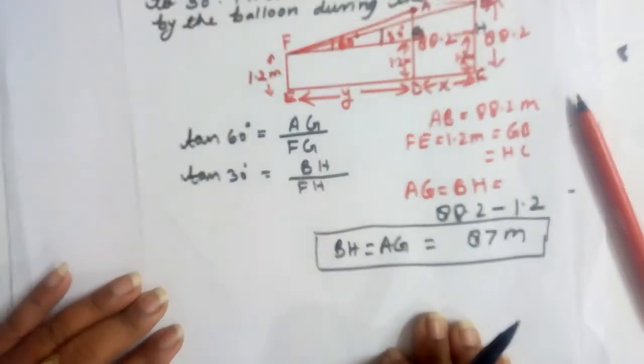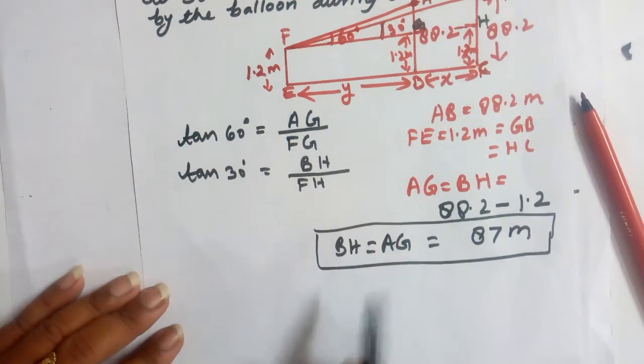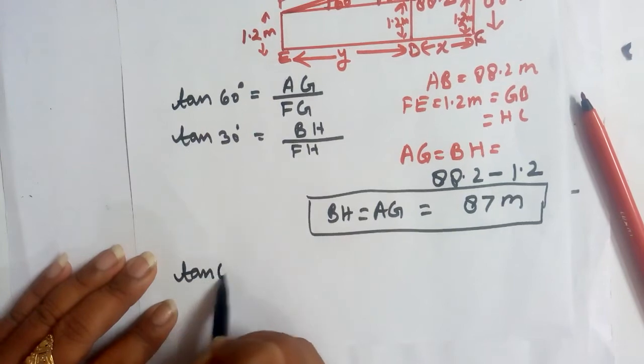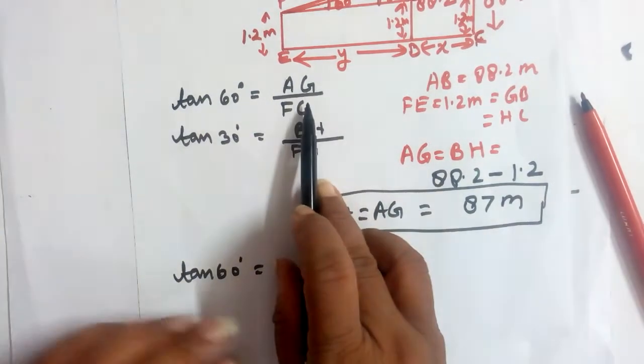Now we have to put the values. Let's take again tan 60 degrees is equal to AG upon FG.